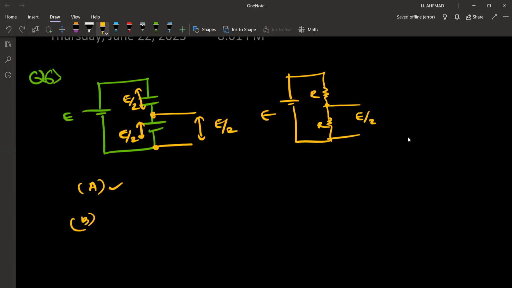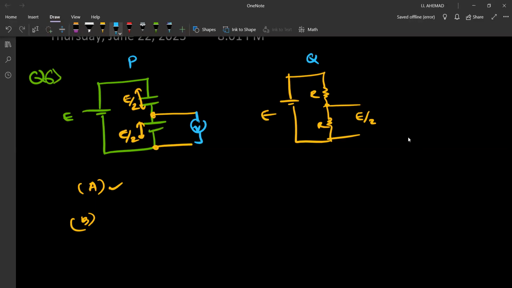Statement B, if a voltmeter with finite internal resistance, so very important term, finite, that means it is not ideal, it is a real case, is connected across XY, it will read a steady non-zero voltage only in Q. Okay, so this is P and this is Q. If we connect a voltmeter over here, what is the case?